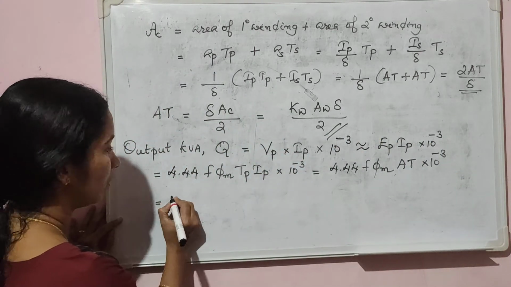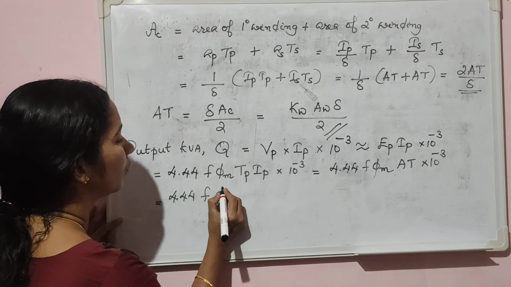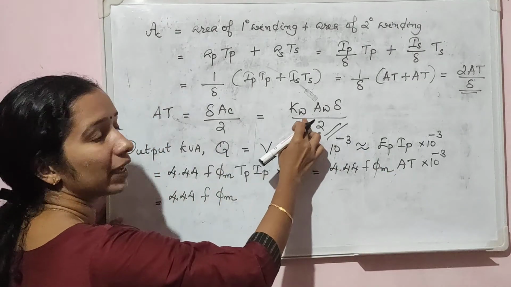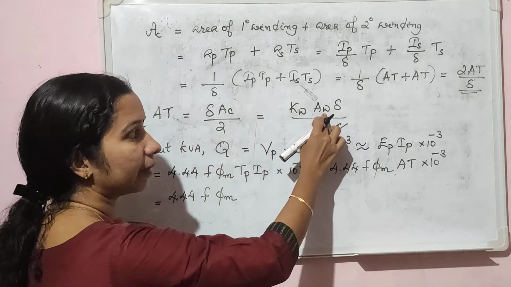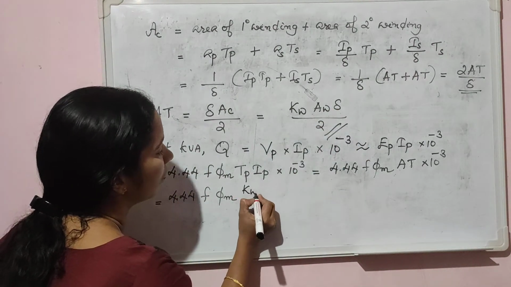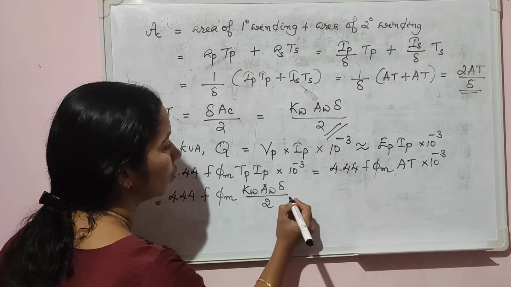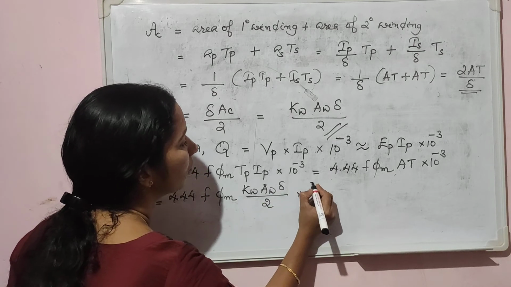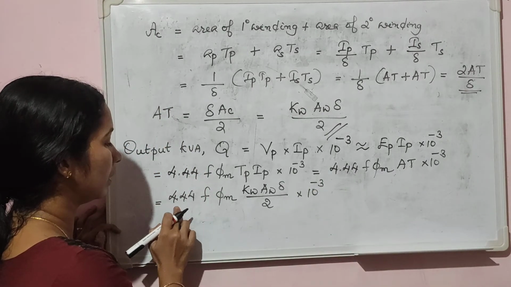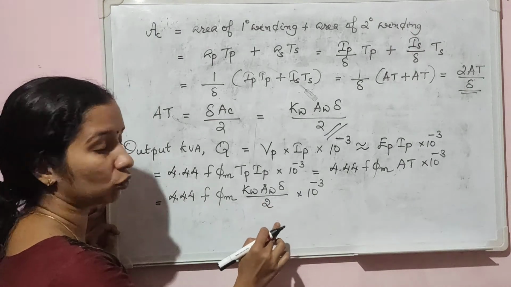This is equal to 4.44 F into phi m into AT. We have got the value of AT as kW AW into delta divided by 2. So kW AW delta divided by 2 into 10 raised to minus 3. Okay. So now dividing 4.44 by 2, we will get it as 2.22.